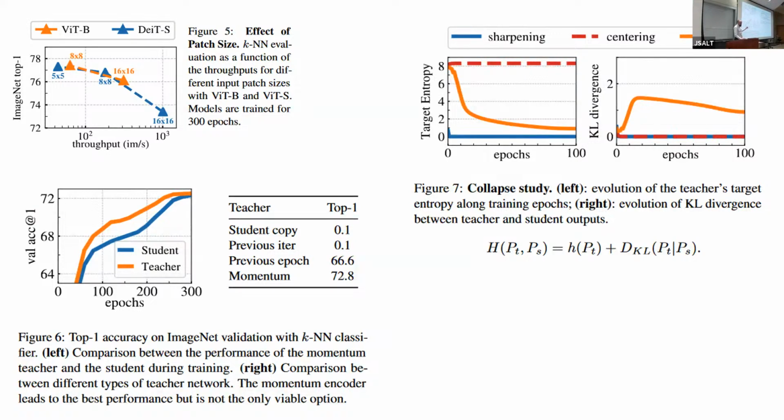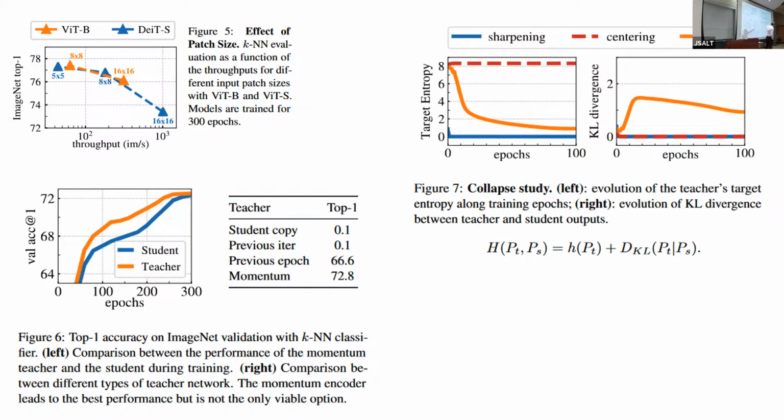And in these graphs, the cross entropy can be divided into entropy and the divergence between the signals. So then you can draw these nice graphs, and you see the collapse study.